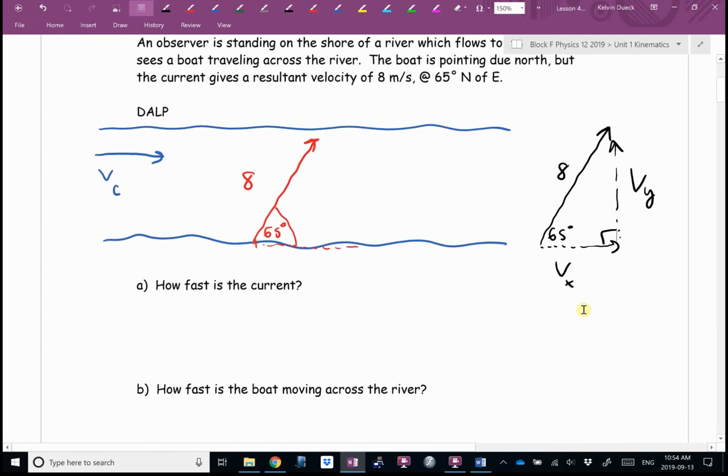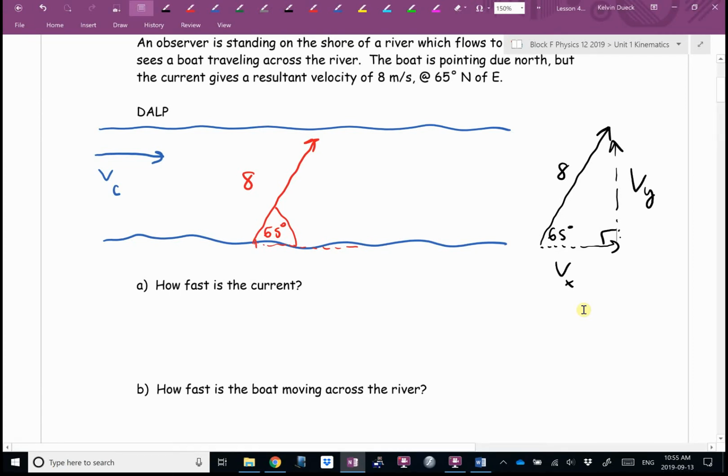Chelsea, what's A you want me to find? Look at this vector triangle that I've drawn. One of those 3 sides is actually the velocity of the current. Which one? The 8, the Vy, or the Vx?